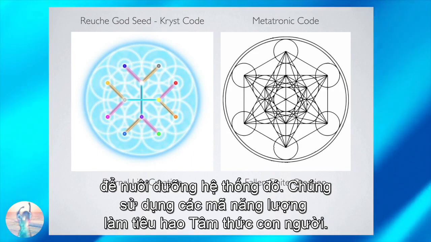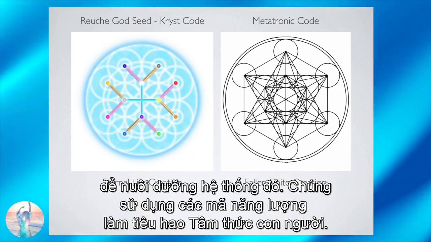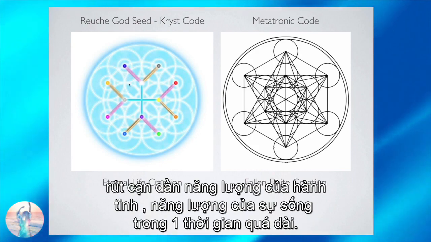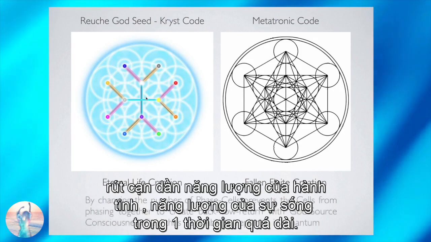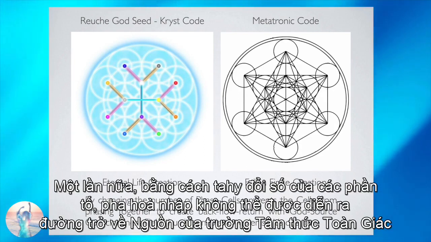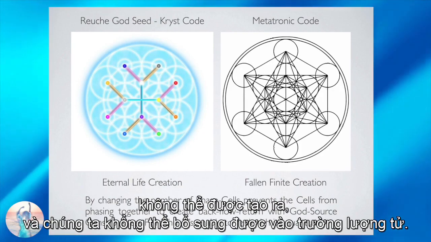So they're actually using this code to feed on this planet, suck all the energy out of the planet and out of the life field, and it's been going on for way too long. So again, changing the number of phase cells prevents the cells from phasing together to create backflow return with God Source Consciousness field, thus it's unable to replenish its quantum.